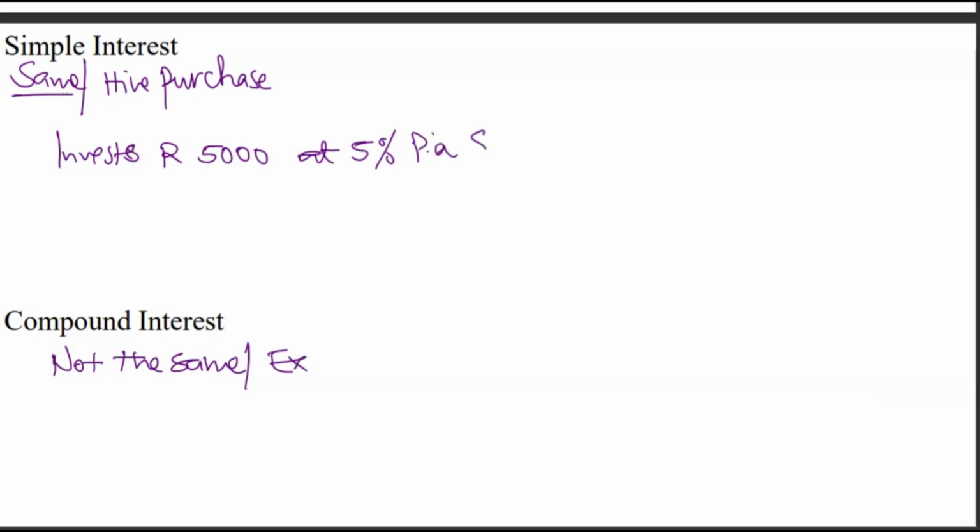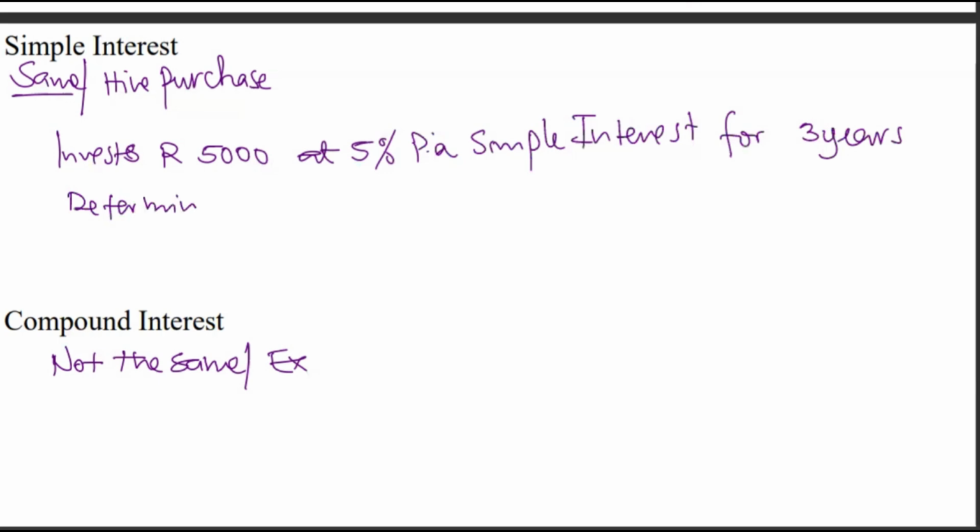Simple interest for 3 years. 5% at simple interest for 3 years. Now they ask you, determine the total investment. If they say total investment, that is at the end of the period. Now this period is 3 years.